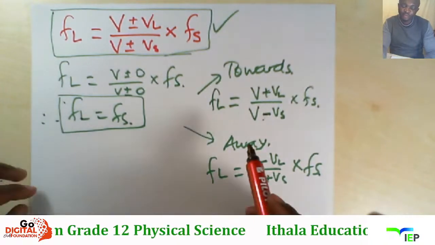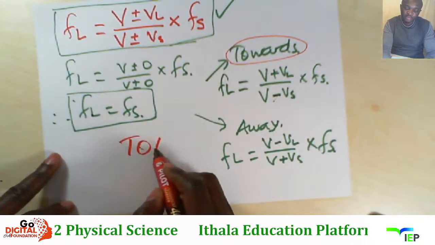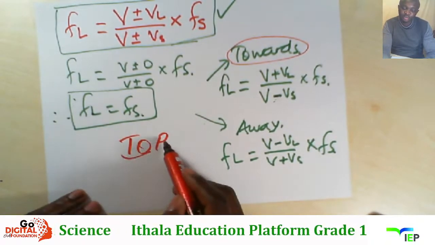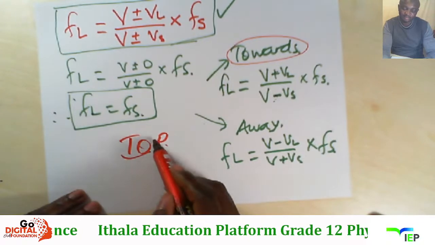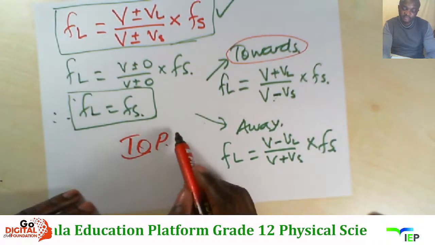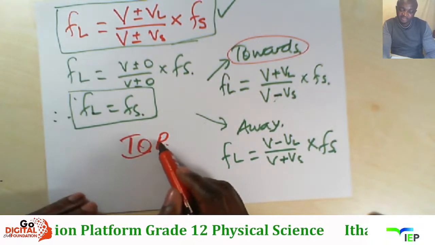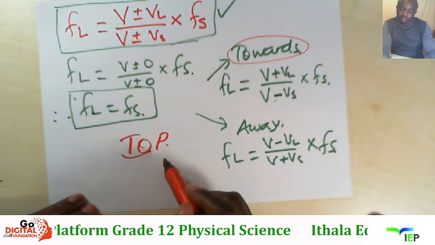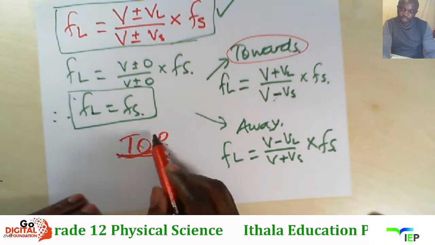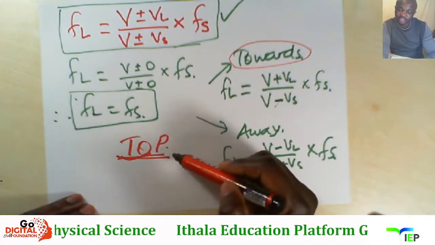If you want to remember it, maybe with toward, since there are two possibilities, just remember the top. You will say on top, toward means plus, and that will help you. Then you know that when it's away, it will be minus at the bottom. Remember the top of this equation, that is the numerator.